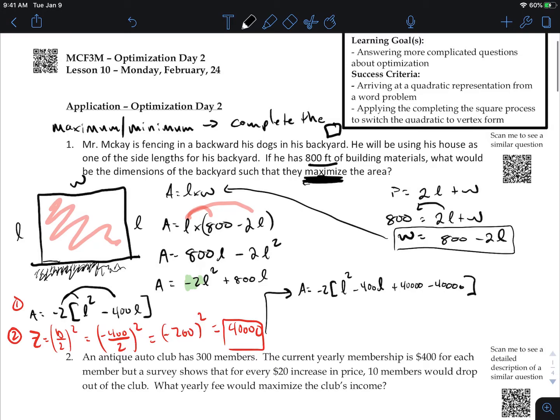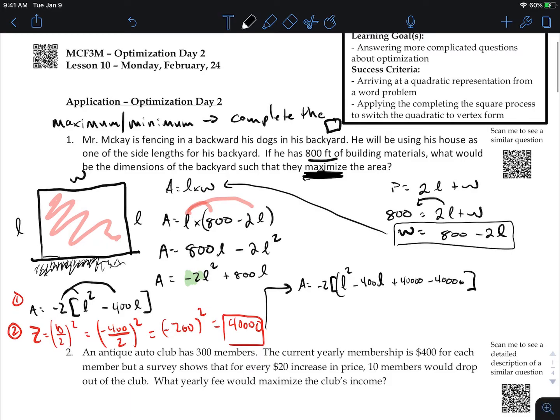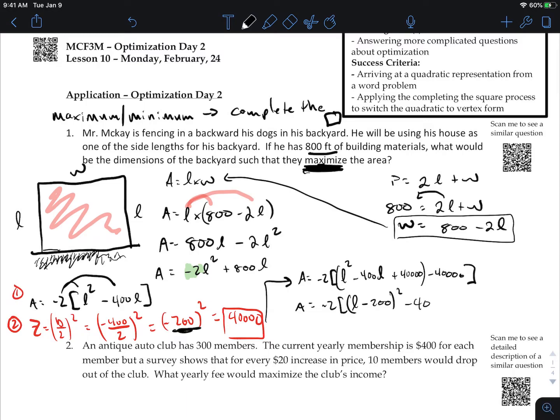They can combine down to this number here, right? So I'm going to get A square bracket, oh, missed the 2, -2 square bracket, and then I'm going to get L minus 200 squared minus 40, okay?